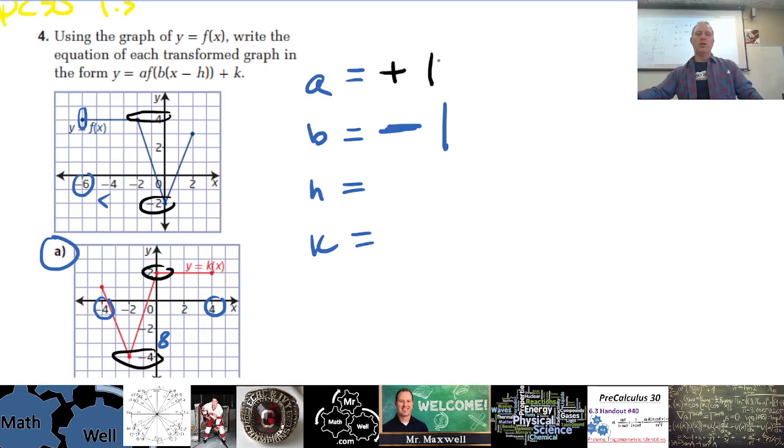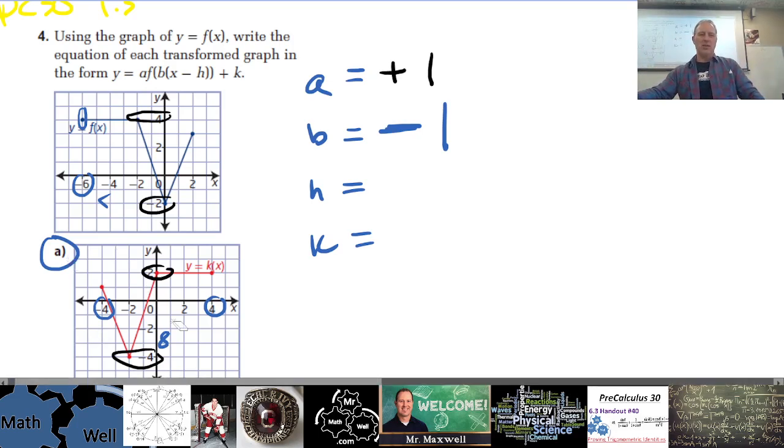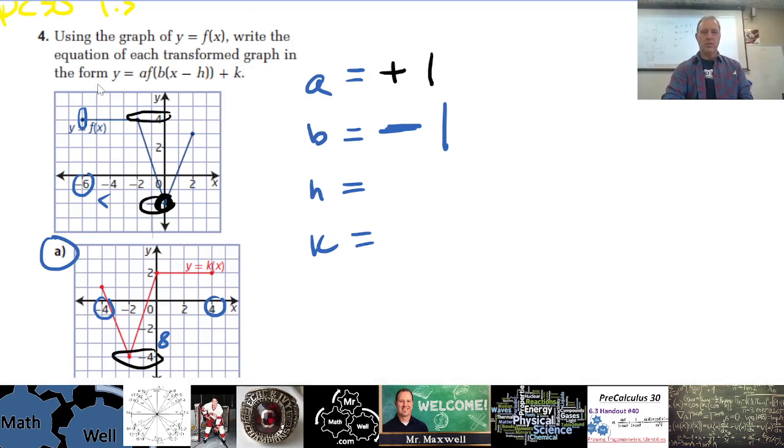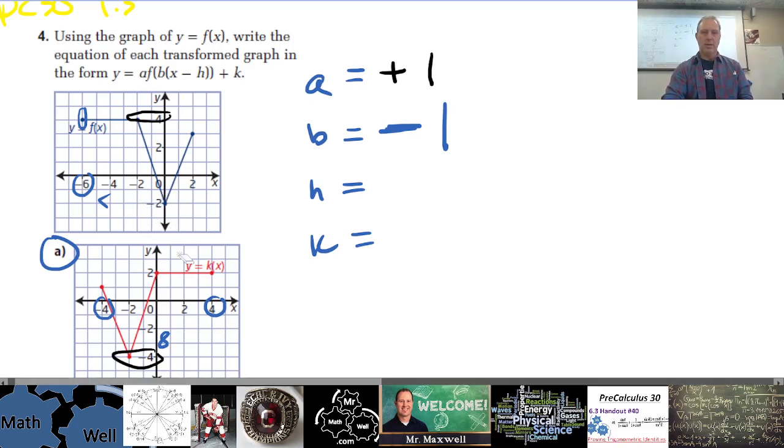Now, what we want to do, and this sometimes can be the tricky part, is figure out how much it has shifted over. Well, with this reflection, notice that this y-intercept would not have changed, right? So let's see what we have to do to get from this vertex to this new vertex. Again, my computer is just jamming on me.